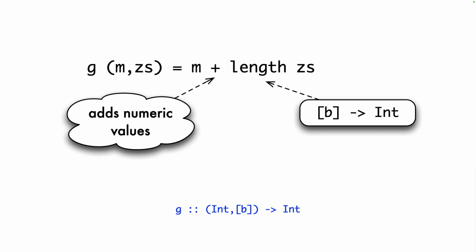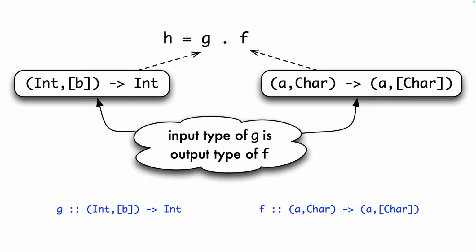Okay, so we've got our two functions, f and g. F is of type pair of A and char to a pair of A and list of char. G is a function that goes from a pair of int and list of B to int. And what happens if we compose the two together? Well, we require that the output type of f is the same as the input type of g.